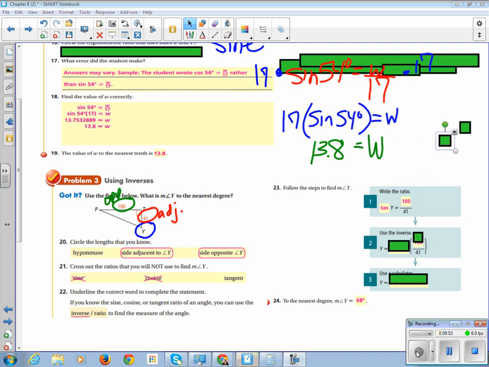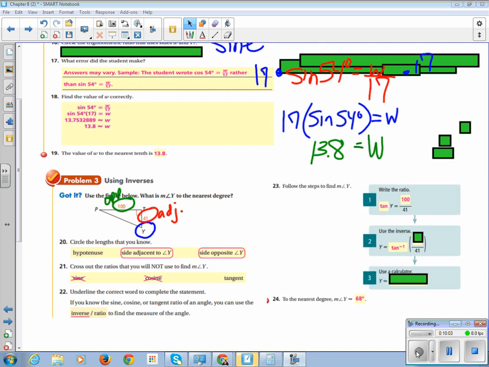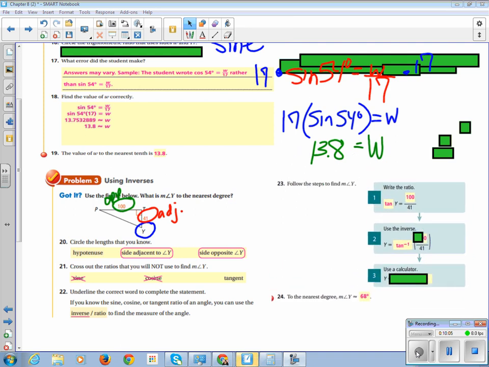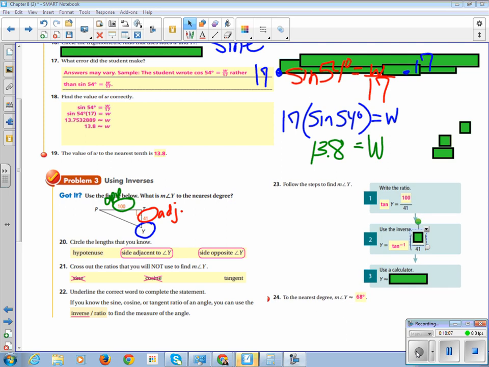Then we're going to use the inverse. So tangent, this little to the -1 means inverse, of 100 over 41. And let me show you on a calculator how that works out.